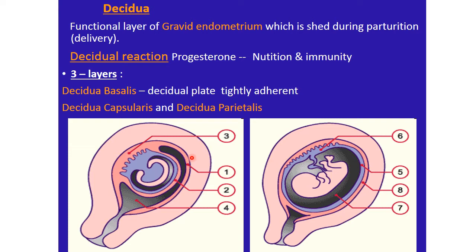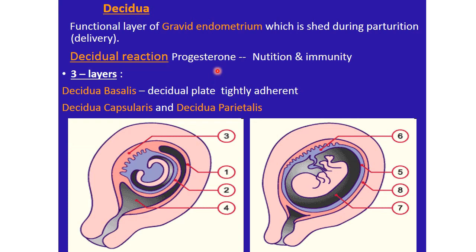And when the implantation of the blastocyst takes place, the endometrium where the implantation actually takes place is now called the decidua, because under the effects of the progesterone, changes occur in the cells of the endometrium and they accumulate glycogen and swell up and become polyhedral.